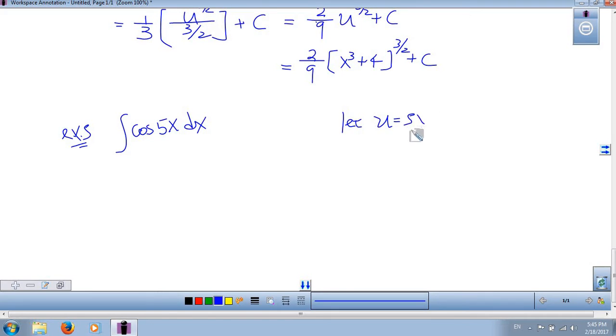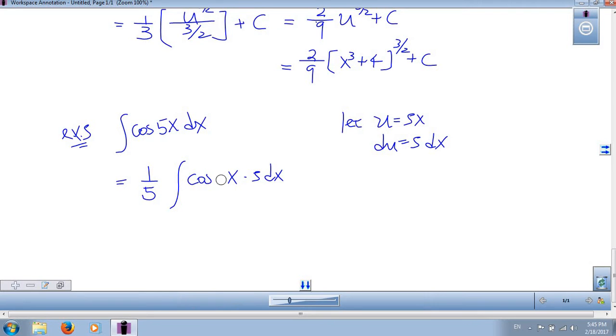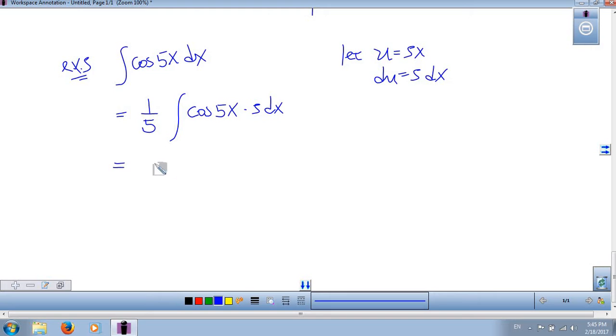So let u be equal to 5x, and du would be equal to 5 dx. So I see that, again, I do not have a 5 dx. But what we can do is multiply by 5/5, just written differently. I write the 1/5 on the outside, and I write the 5 on the inside. So I multiply by 5, but I also divide by 5 at the same time. So I'm really just multiplying by 1. I'm not changing the value, I'm just writing this differently.